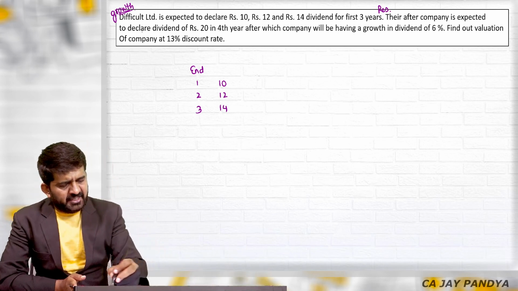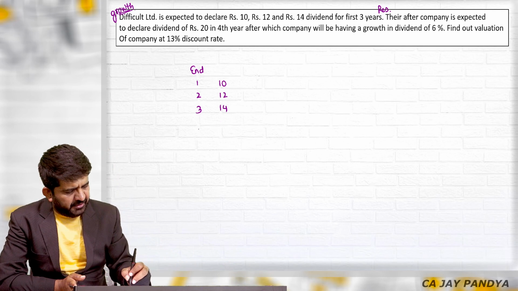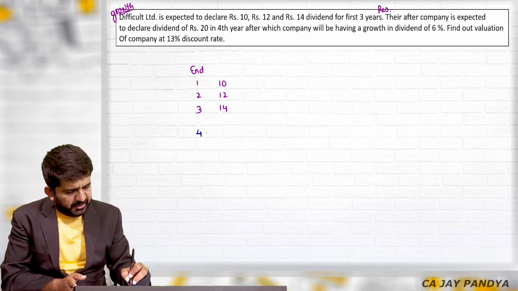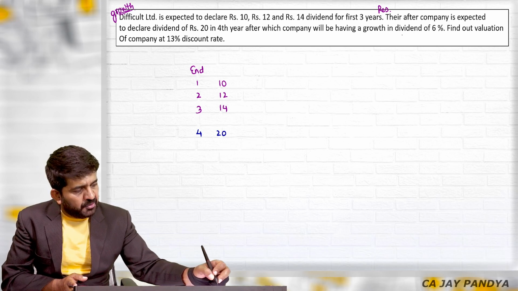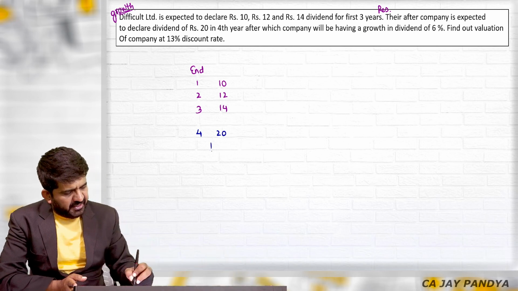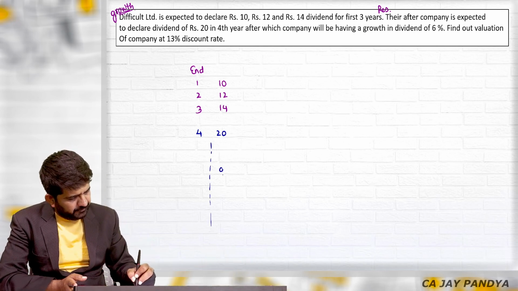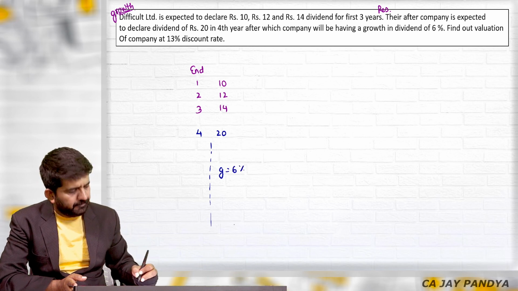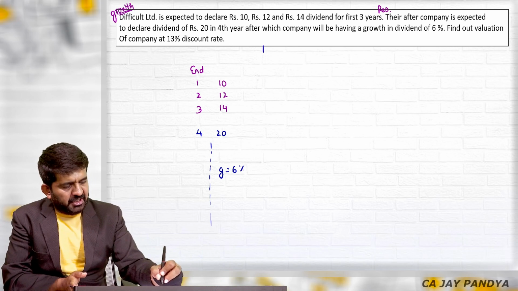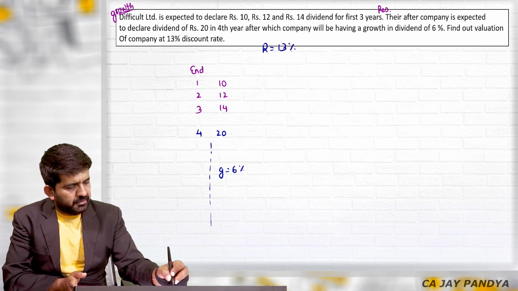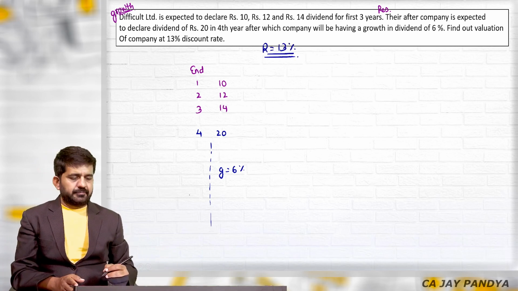Thereafter, the company is expected to declare a dividend at the end of the fourth year of rupees 20, after which the company will be having growth in dividend of 6%. Find out the valuation of the company at a 13% discount rate.